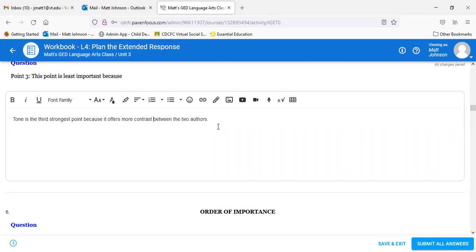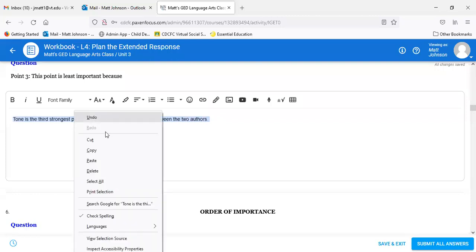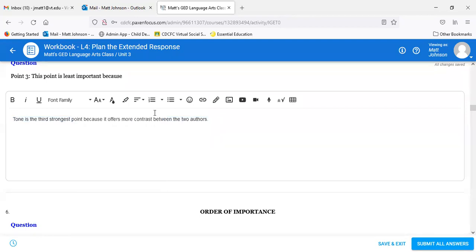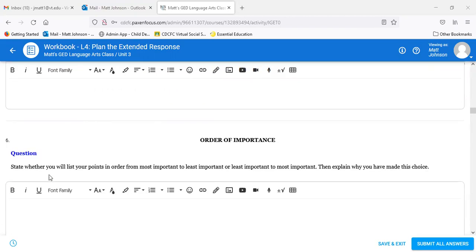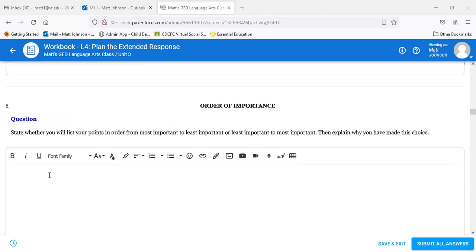Okay. So did I copy and paste that yet? Yes, I did. Okay, so yeah, tone is the third strongest point because it offers more contrast between the two authors. And then 6: state whether you list your points in order from most important to least important, or least important to most important.